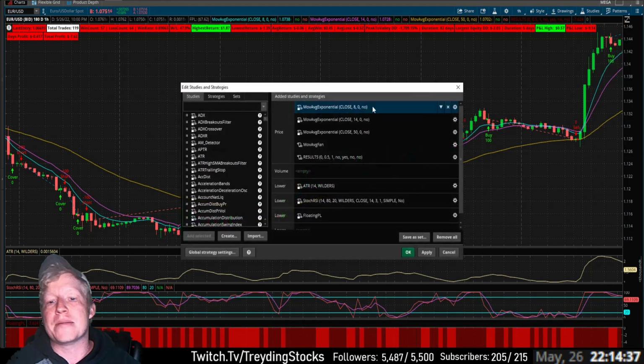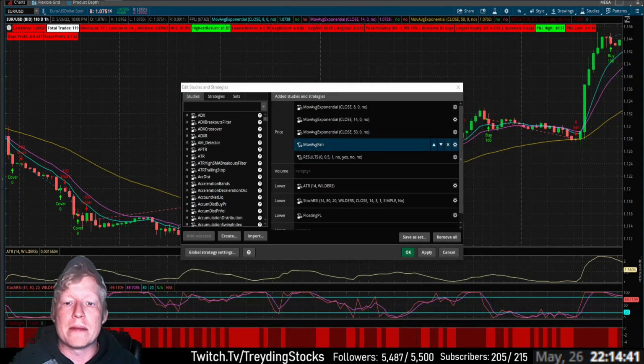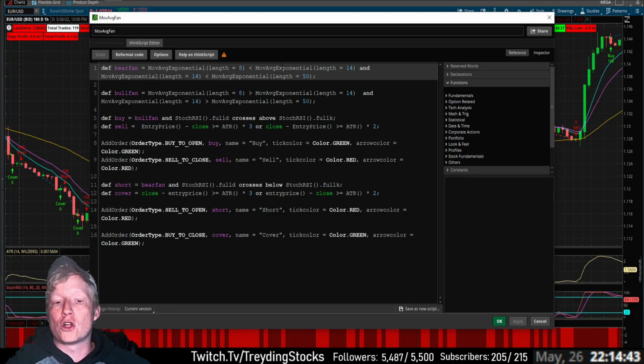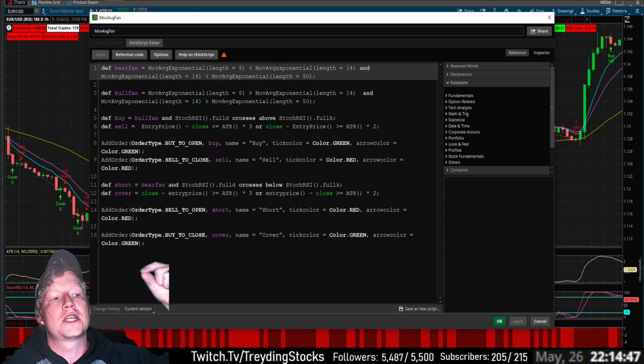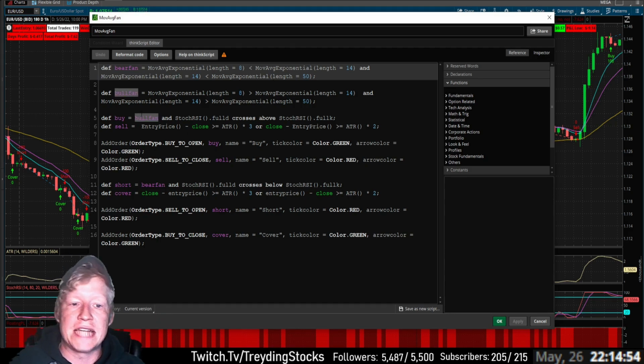Now, I want to come in and show you guys something. So remember, this is taking longs when all the EMAs are above each other, and it's taking shorts when all the EMAs are below each other. So it's really waiting for that trend confirmation before it takes trades.